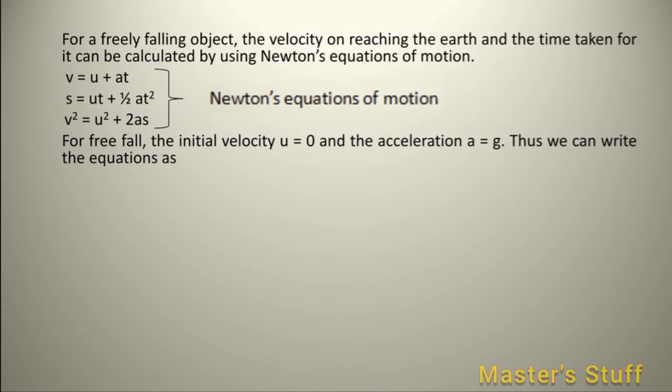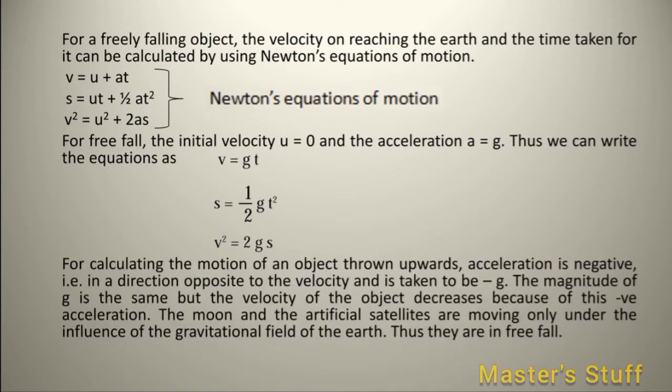Then we write the equations as v = gt, s = 1/2 gt², and v² = 2gs. We obtain these equations by substituting u as 0 and a as small g in Newton's equations of motion.